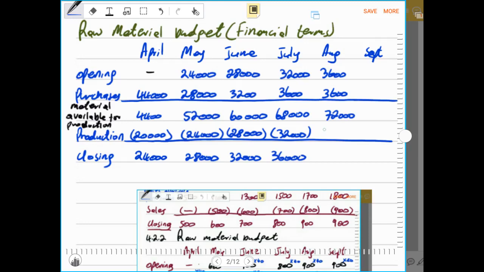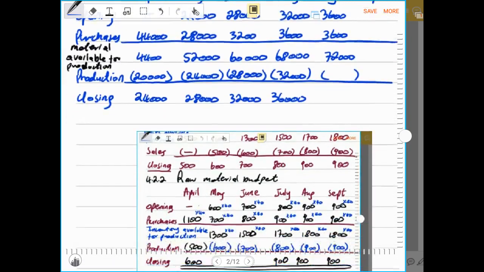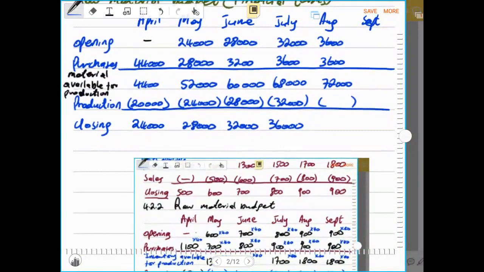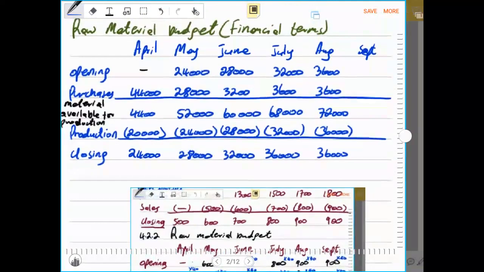And then 72,000 less production for this month. And production for August was 900. And 900 times by 40 will give us 36,000 again. Then at the end the closing balance will be 36,000, which becomes an opening balance of 36,000.